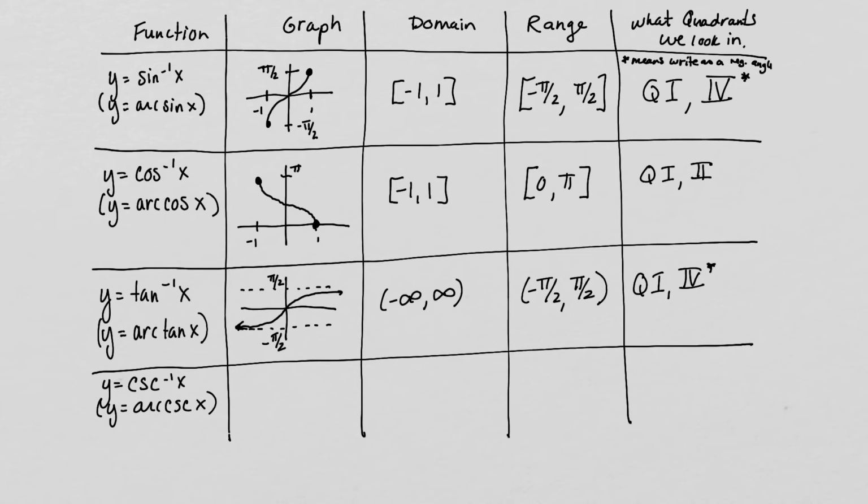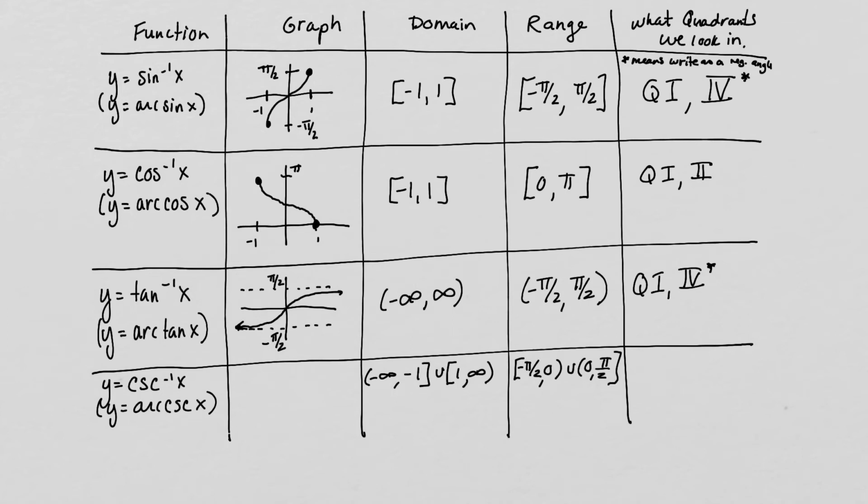They had asymptotes, and because of that, our domain and our ranges end up coming in chunks, in pieces. So the domain is from minus infinity to negative 1, union 1 to infinity. And the range on the inverse cosecant is from minus pi over 2 to 0, union 0 to pi over 2.